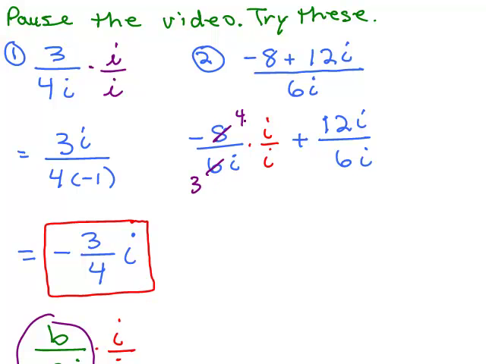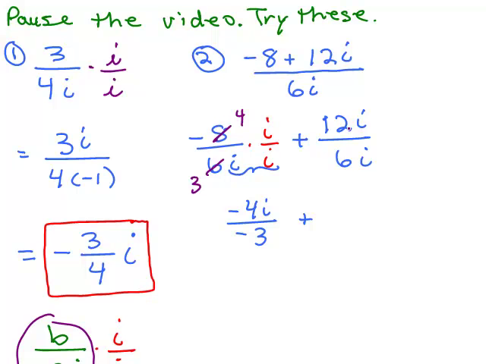So what happens here? I've got a negative 4i in the numerator, and in the denominator I have a 3i squared. Okay, 3 times i squared. 3 times negative 1 will be negative 3.